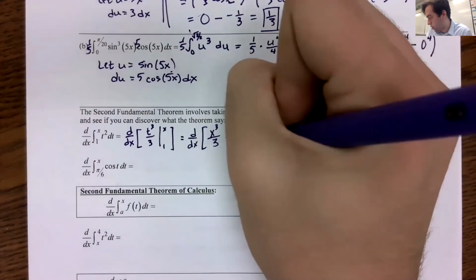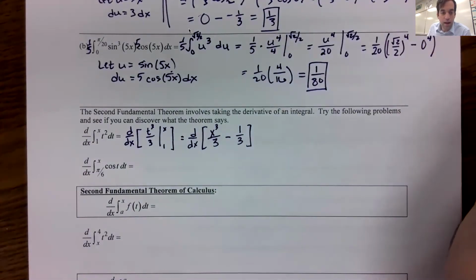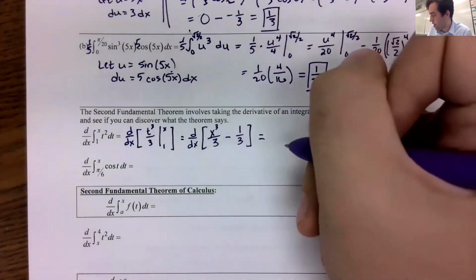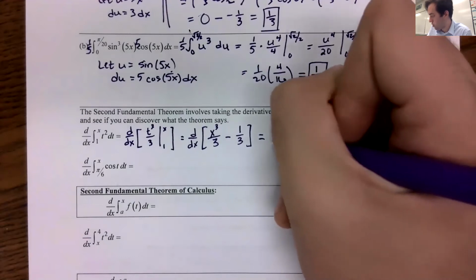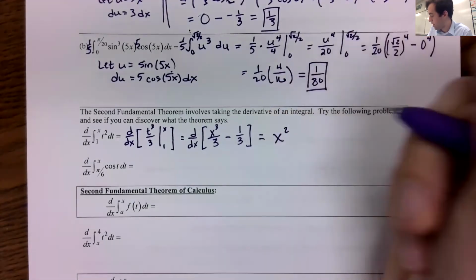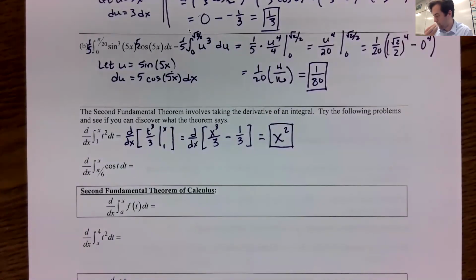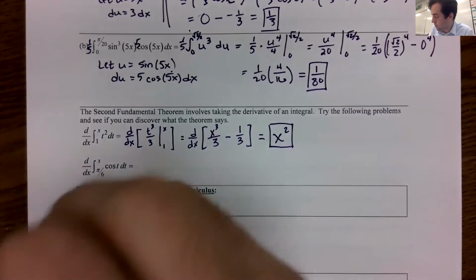In other words, 1/3. And then we take the derivative of that. So we're going to end up with 3x squared over 3, which will just be x squared, minus 0. So there's our derivative of our integral.